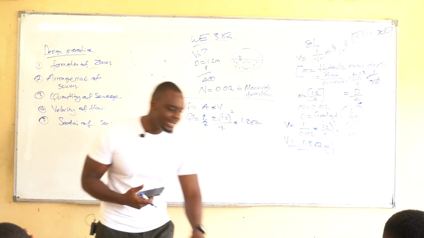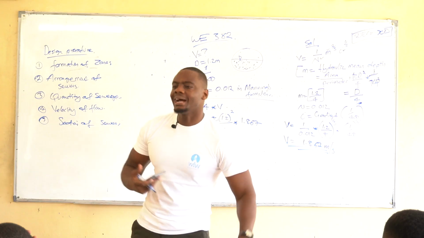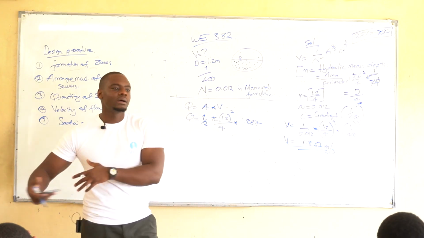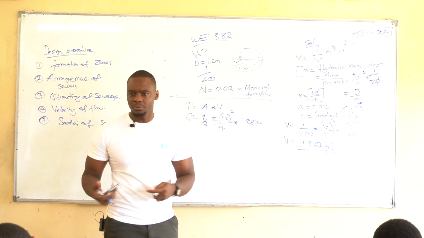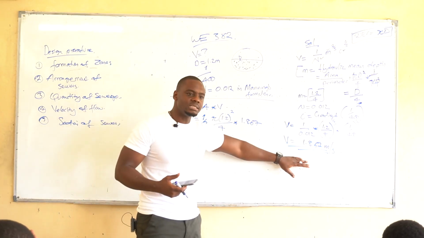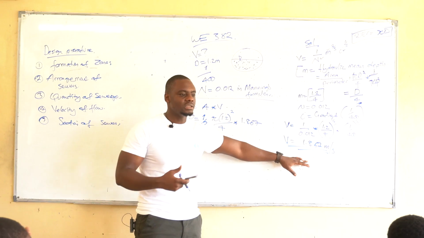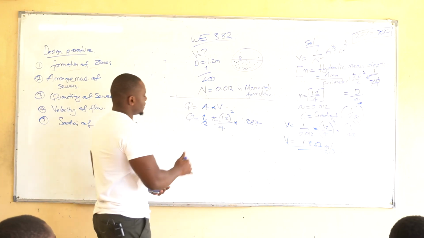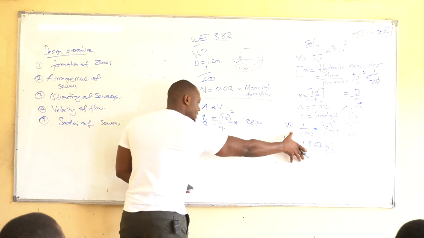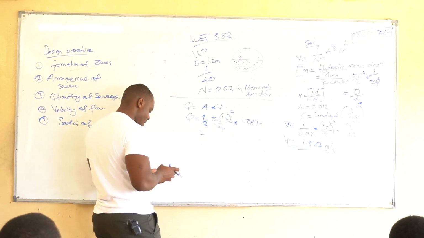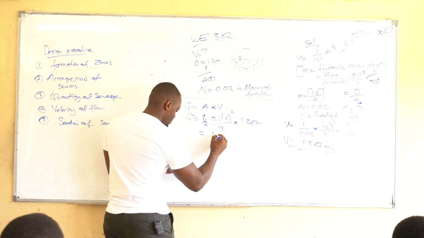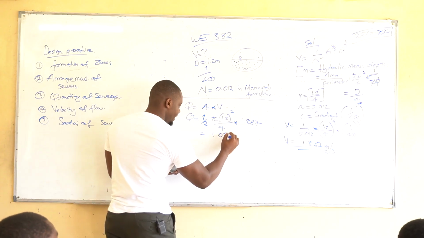I know the question didn't really ask us to find the discharge, but ideally that's where it's leading you. If you find the velocity, then the next question someone asks you is, what was the discharge in the sewer? So if you did your math correctly, you should have 1.056.